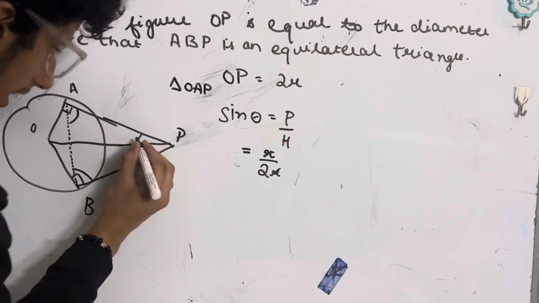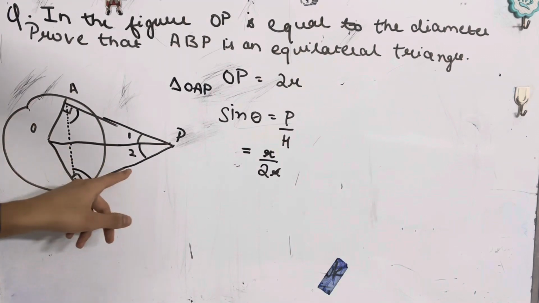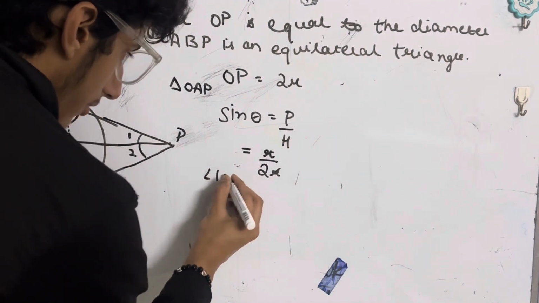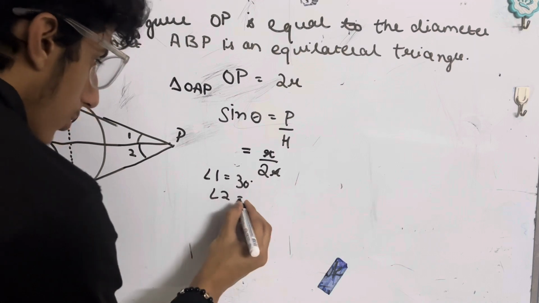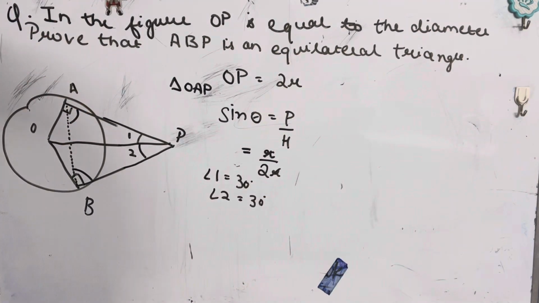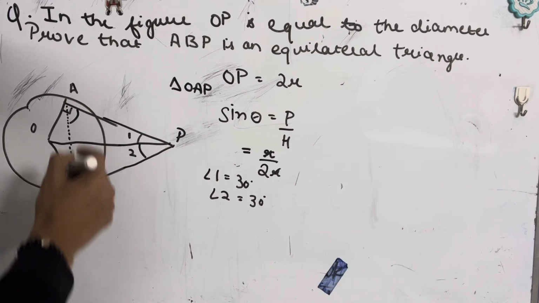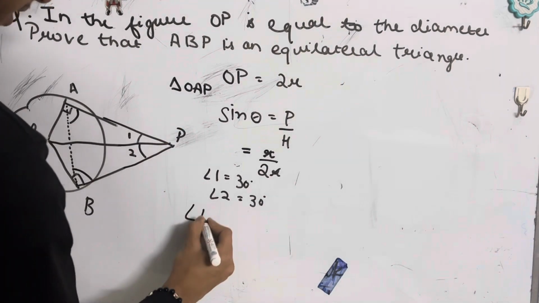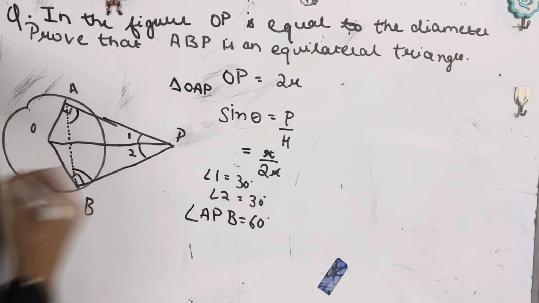Hence we get the angle which is made over there. If we name it angle 1, then the value of angle 1 will be equal to 30 degree, and then angle 2 will be equal to 30 degree as well. Now we get the value of both these angles as 30 degree. So the complete angle APB will be equal to 60 degree.